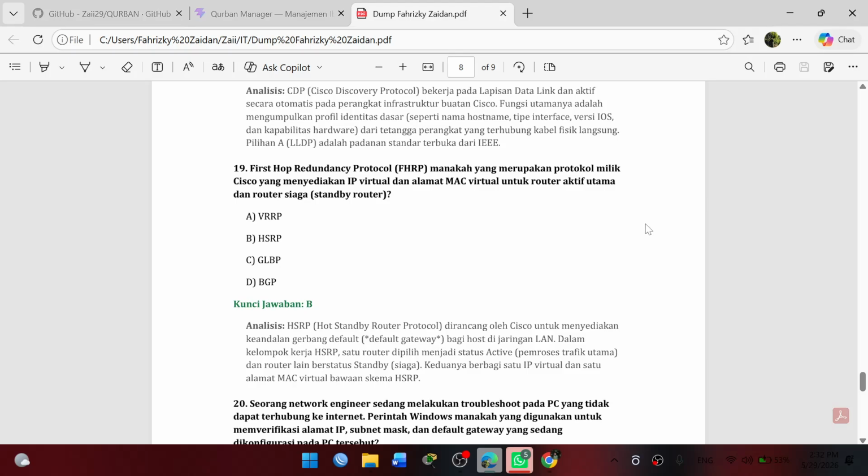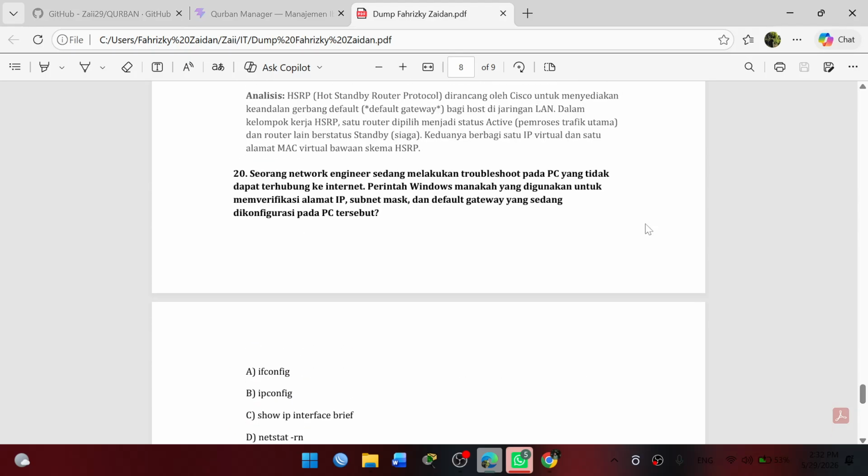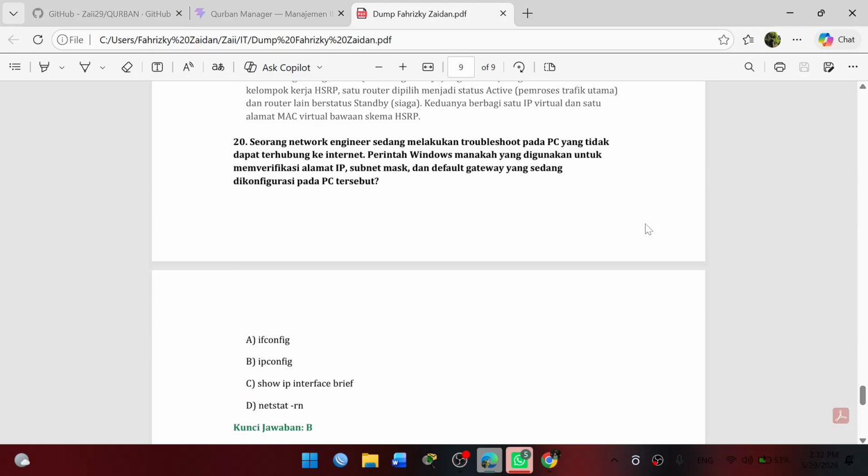And the last question is: a network engineer is troubleshooting a PC that cannot connect to the internet. Which Windows command is used to verify the IP address, subnet mask, and default gateway configured on the PC? It's also easy.